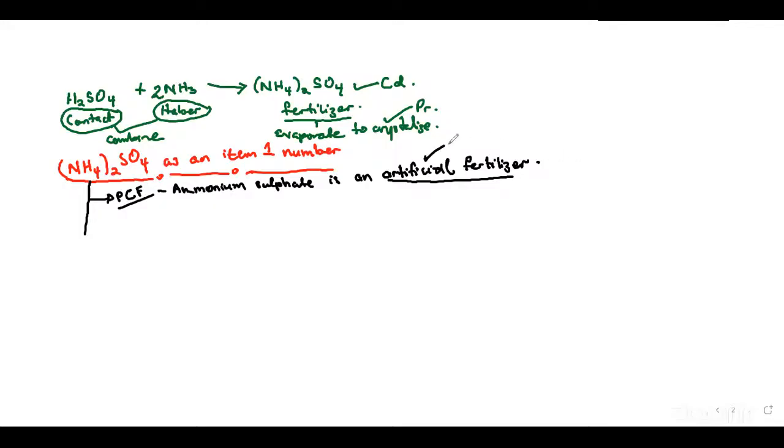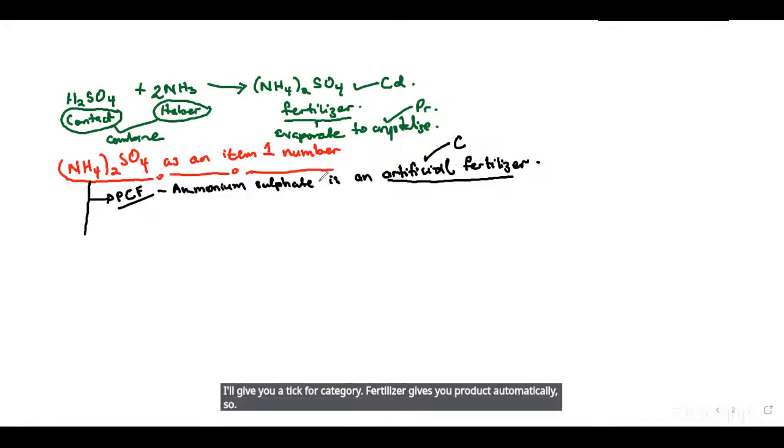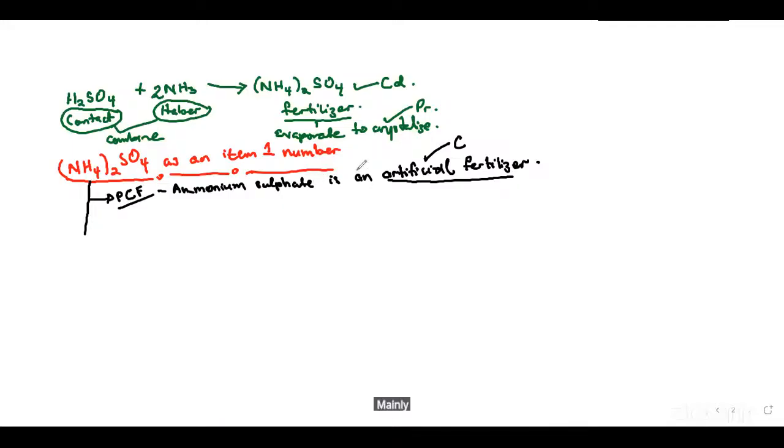I'll give you a tick for category. Fertilizer gives you product automatically. So mainly category is mentioned, and I'm left with function.